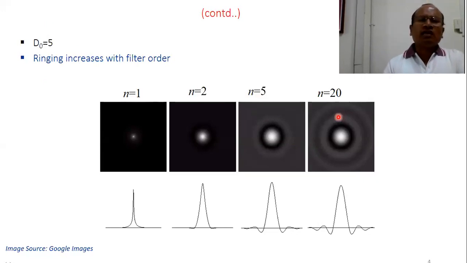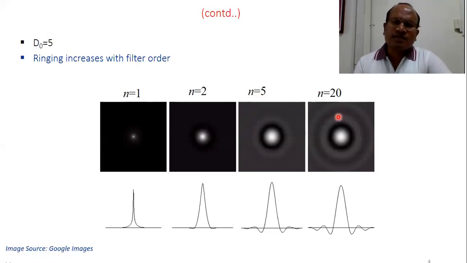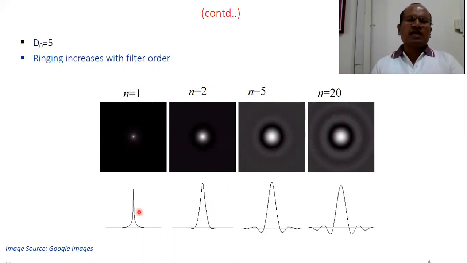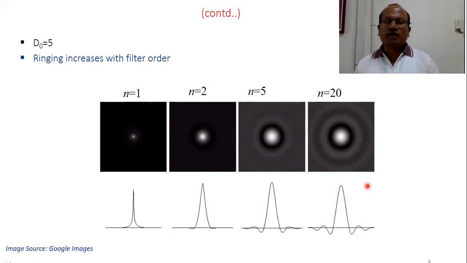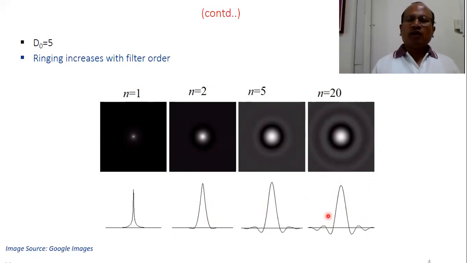And look at the responses. Even if you see n equal to 1, 2, and 5 and 20, you see ripples after the main lobe. In terms of the frequency response, the spectral response, the peak is called the main lobe, where the main original information is there.